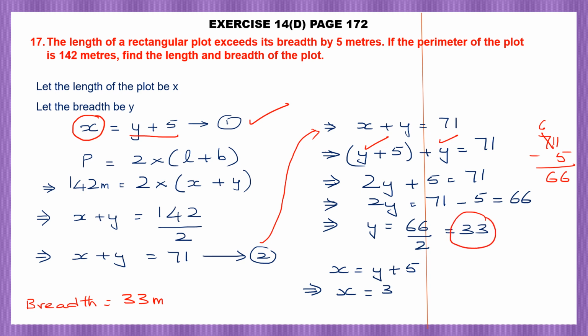So 33 plus 5, which is 38. And what is x? We said in the beginning, x is the length of the plot. So we found the length of the plot also. The length of the plot is 38 meters. So let's write that down. The length is equal to 38 meters.